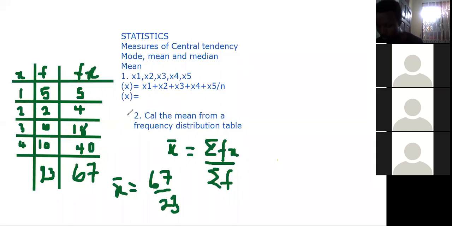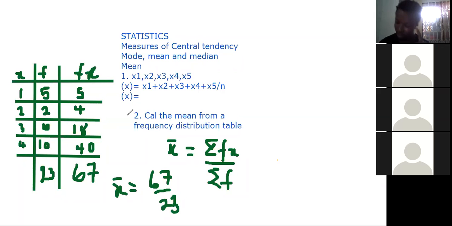So draw the table with two columns. First one, write number of minutes. The second one, write number of trainees.